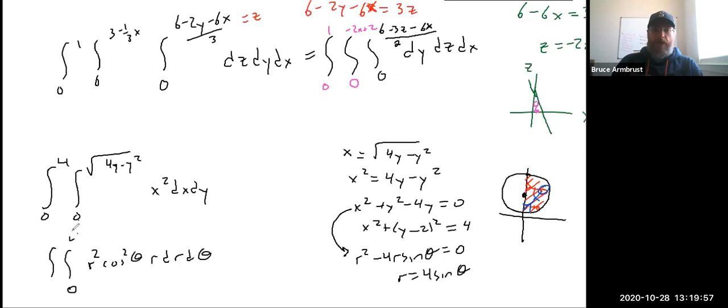So we'll put that up here. And then the bounds on our angle, well, we're going to start at 0 and start rotating until pi over 2. So there is the conversion of this integral into polar. And now it's just a matter of integrating. And again, I'll leave that for you guys, but just wanted you to see the setup.